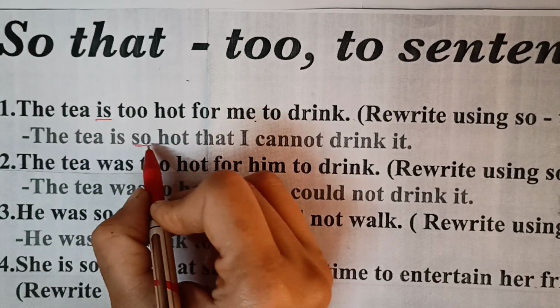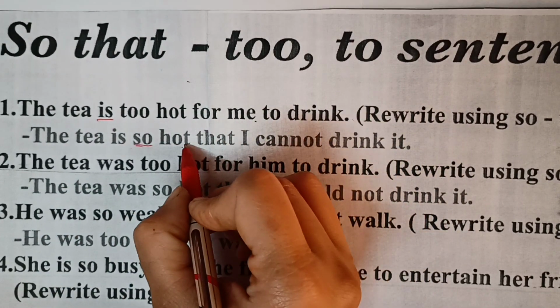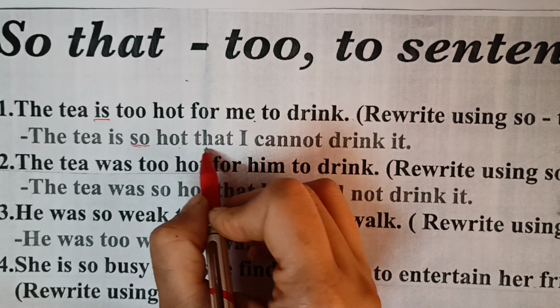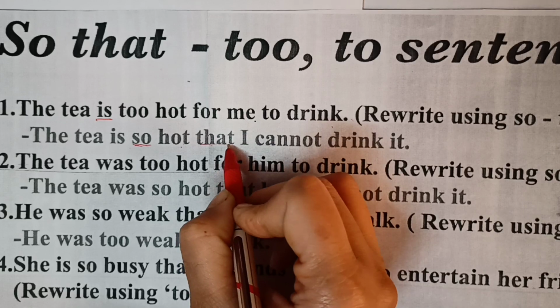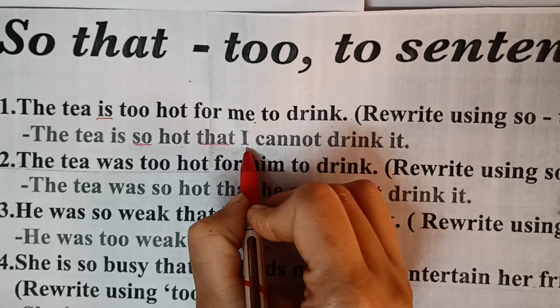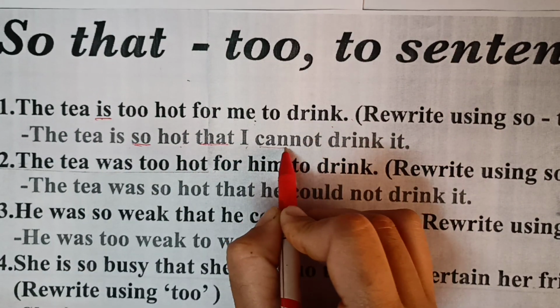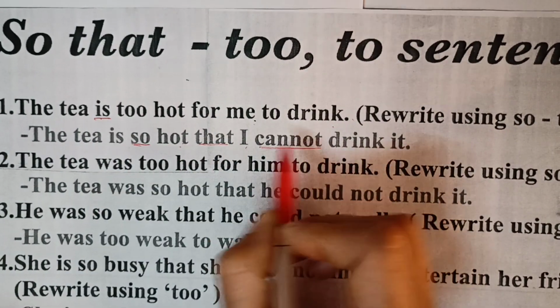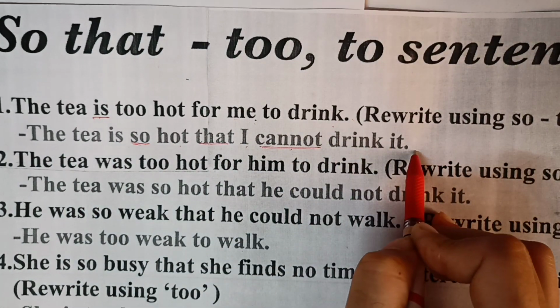The tea is so hot. Immediately before the second part of the sentence begins, we will add "that", "me" will be changed to "I", and since it is present tense, we will rewrite using "cannot". The tea is so hot that I cannot drink it.